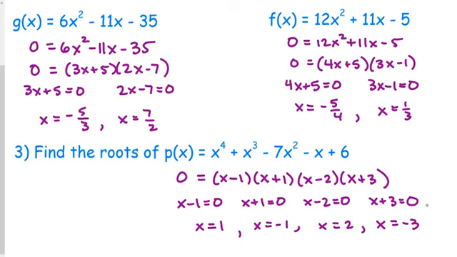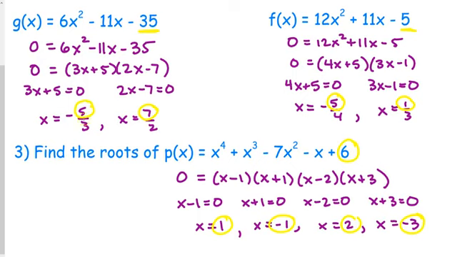Okay, what I want you to notice is what's going on here with the numerators and denominators. So let's take a look at number 1. The numerators 5 and 7, or we could say negative 5 and 7 if we want, those are factors of 35. In number 2, the numerators 5 and 1, those are factors of 5. And in number 3, the numerators 1, negative 1, 2, and negative 3 are all factors of 6.